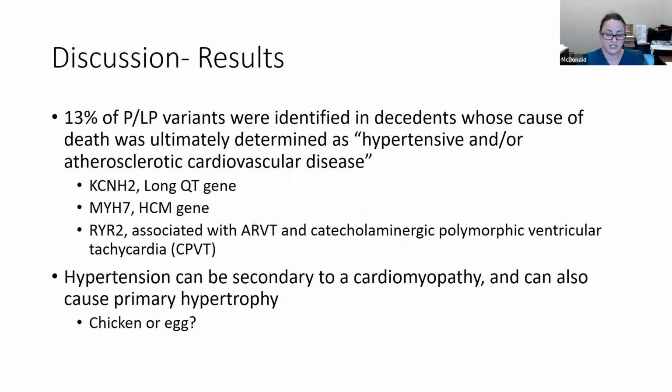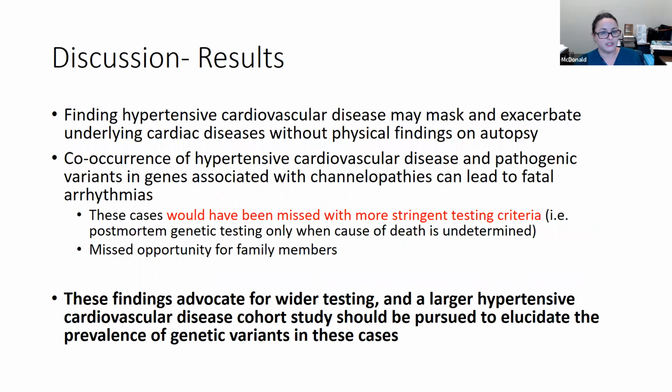They point out that finding hypertensive cardiovascular disease may mask or exacerbate underlying cardiac diseases without physical findings at autopsy. And there can be a co-occurrence of hypertension and pathogenic variants that lead to fatal arrhythmias. These cases would have been missed if they had used more stringent testing criteria.